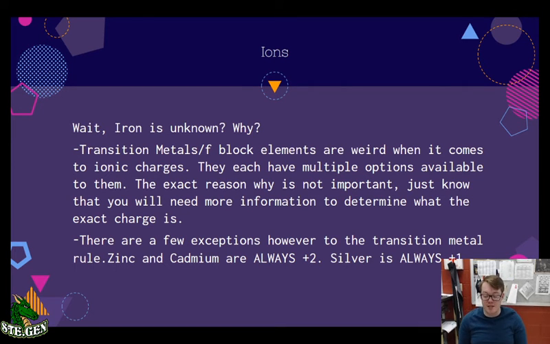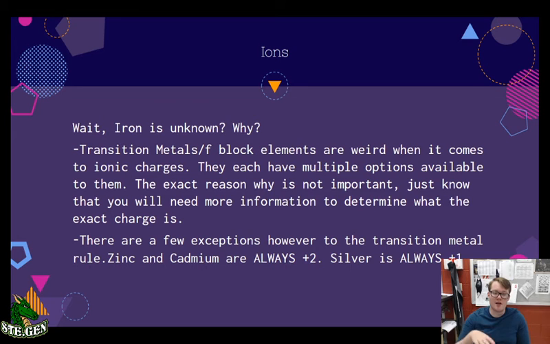You've probably noticed this in the periodic table I pulled up with all of the orbital configurations and in the Z-space stuff. Both of those you've probably noticed, like some of them were a little bit weirder than what you expected. The exact reason is not important. Just know that you will need more information to determine them.